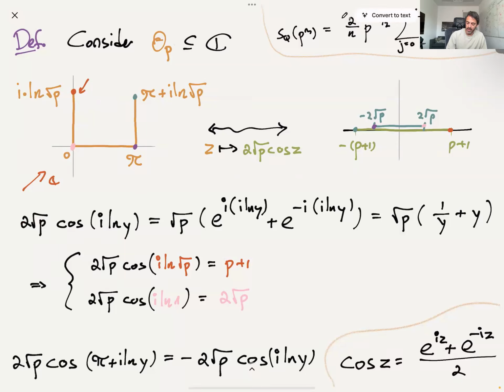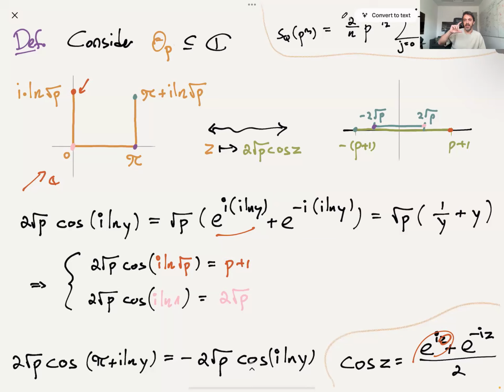And then you have e to the i times i ln y, plus e to the minus i of the same thing. If you look at it for a second, this is 1 over y, because it's e to the minus ln y, and this is y. Generally speaking, this is how it behaves on this particular segment of theta p.